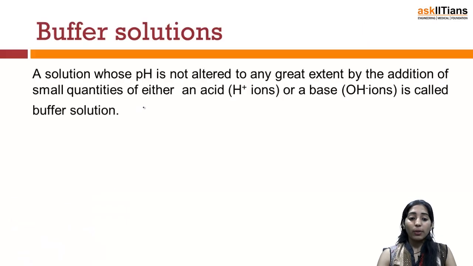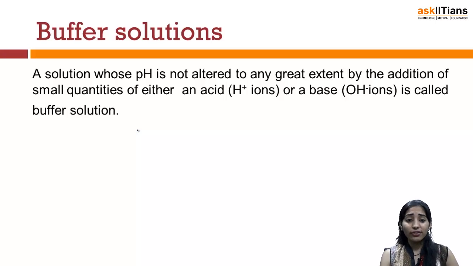Now, to talk about buffer solutions, I say that a solution whose pH is not altered to a great extent by the addition of a small quantity, either of acid, that means H positive, or of base, is called a buffer solution.